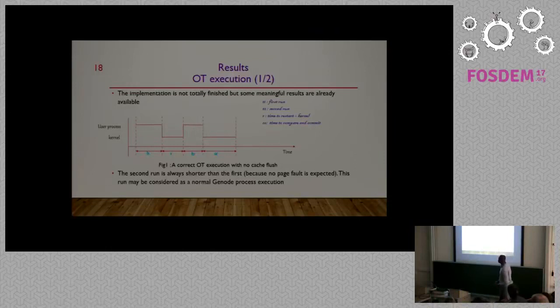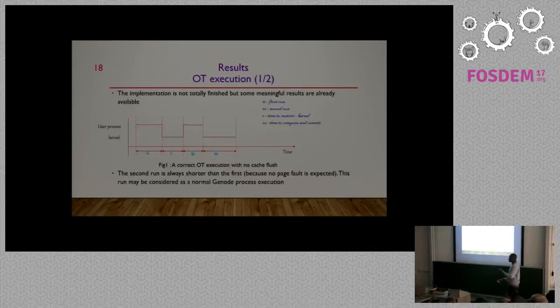Firstly, we noticed that, that is just a chronogram showing how the process execution is going. So in the first time slot, we have a user process, and at some time it will fault in the kernel, or it will be stopped by the timer, and the kernel will take action to restart the same process for the second time.